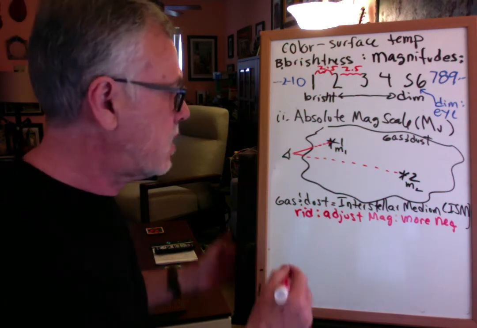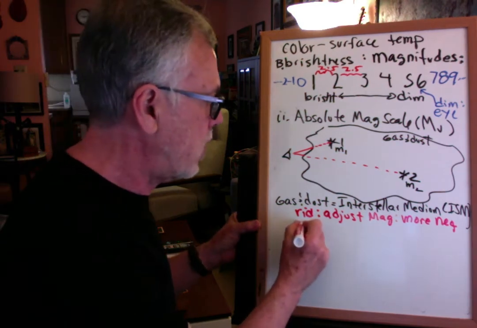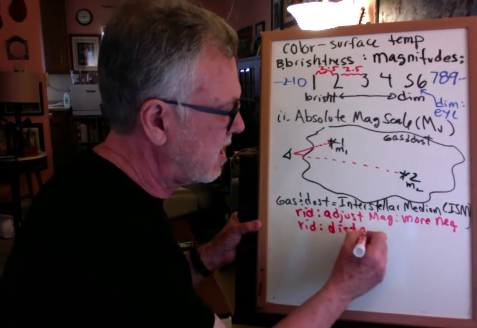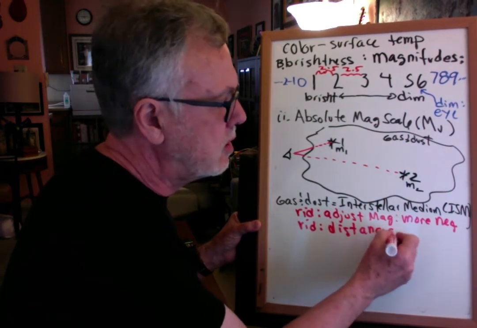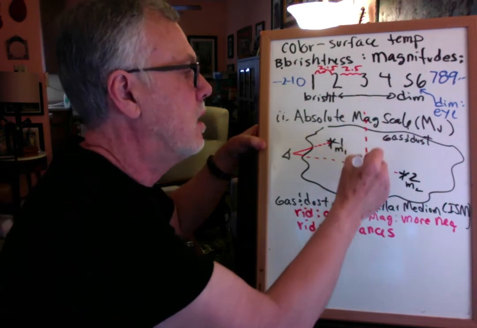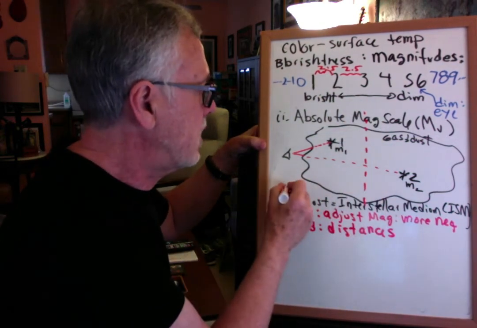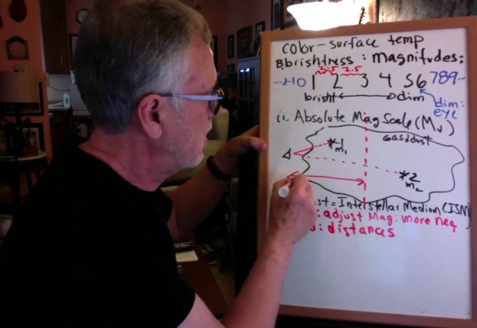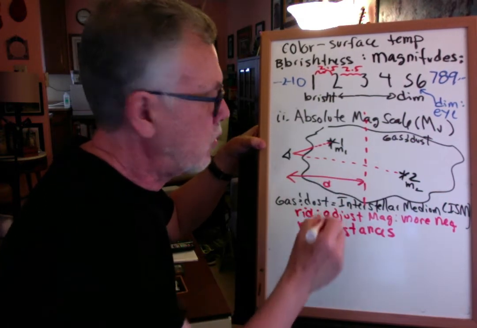But then the next thing is we want to rid ourselves of distances. In other words, differences in the distances of stars. So we assign a certain distance from us as the distance we want to be at.